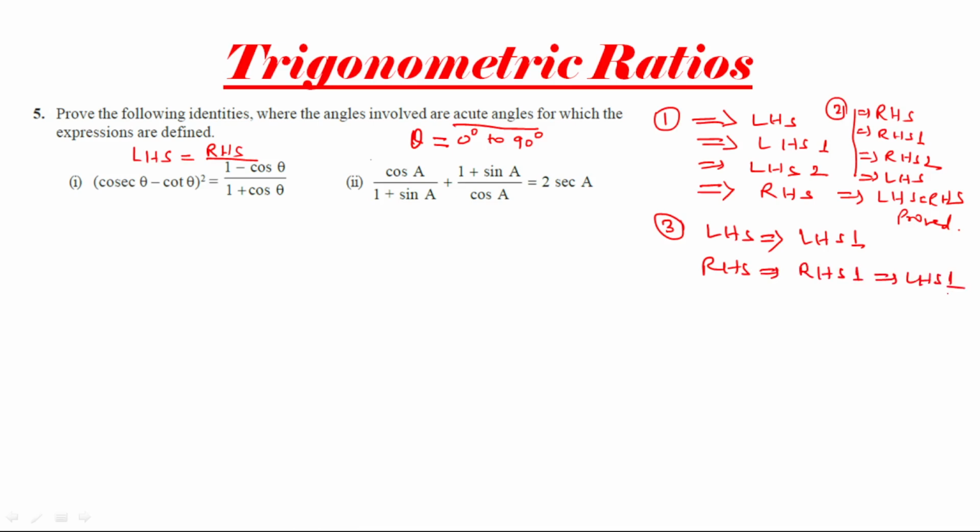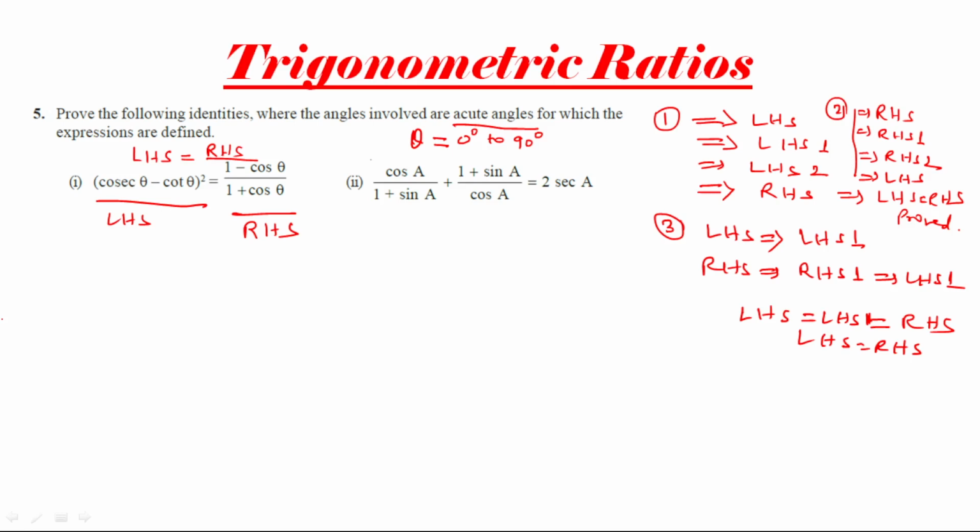Then we can say that LHS is equal to LHS 1, and similarly RHS is also equal to LHS 1. So LHS is equal to RHS. What is LHS and RHS? The left hand side of the equal to sign is called LHS, and the right hand side of the equal to sign is called RHS. Only when the equal to sign is there does it become an equation.